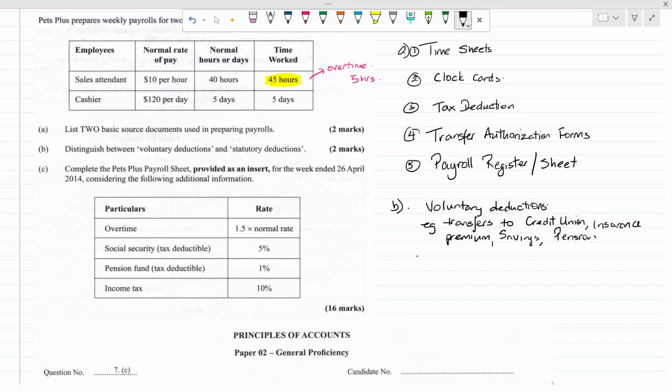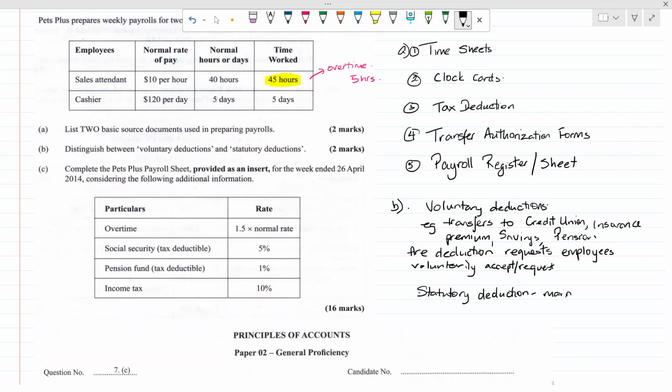These are deductions or deduction requests that employees voluntarily accept or request, whereas statutory deductions are mandatory deductions, must be done.